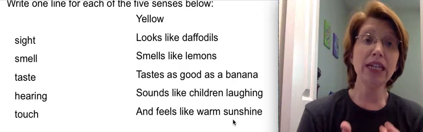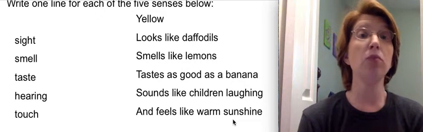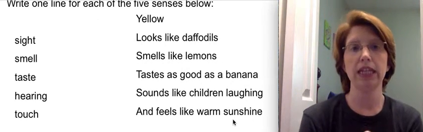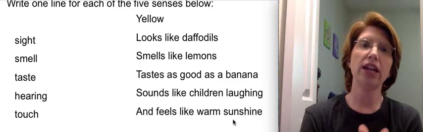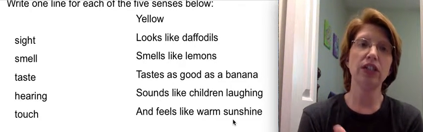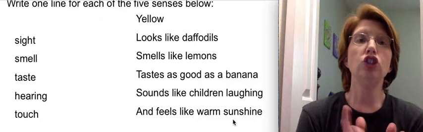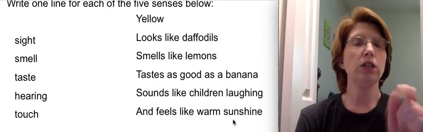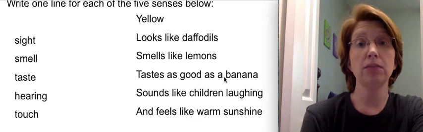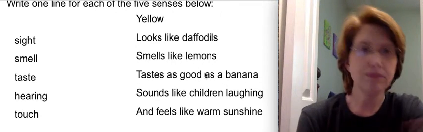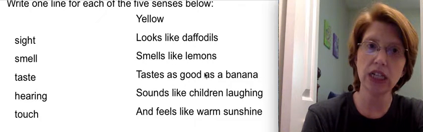So you need to pick one that you can come up with something. Don't say, well, I can't come up with anything. You get to pick the color. So you pick the color and then you try to think of things that you can associate with that. Don't repeat. This would not be a good poem if I said, looks like bananas, smells like bananas, tastes like bananas. No, it needs to be something different for each one.